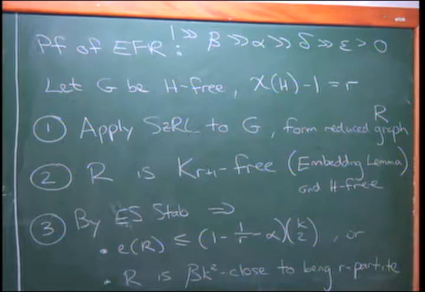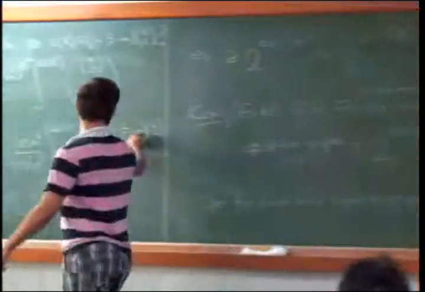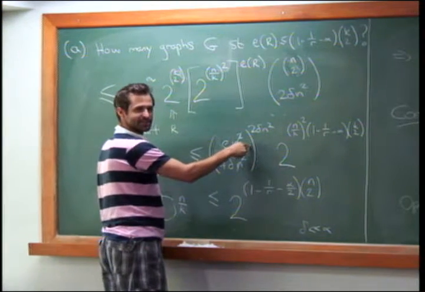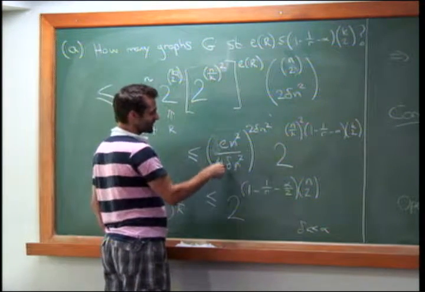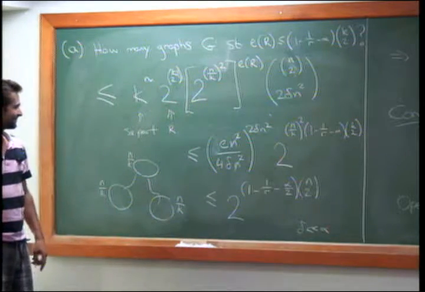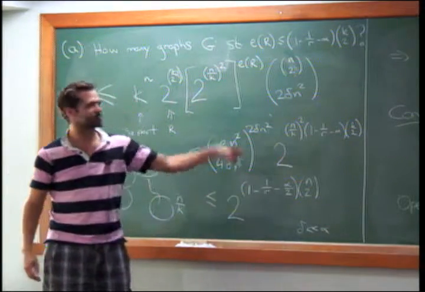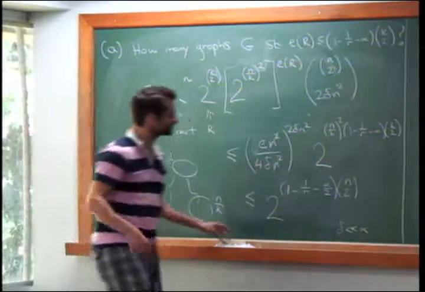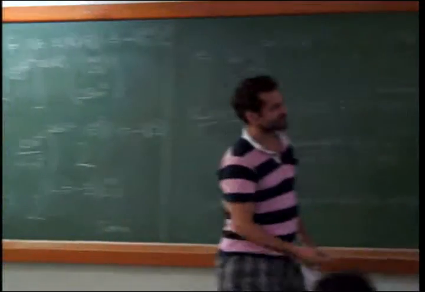Because alpha is much bigger than delta, then this alpha completely dominates this delta, right? Even though it's 1 over delta to the delta, doesn't matter. Okay, so we get something much smaller than what we want. Okay, so that's one of the two cases.